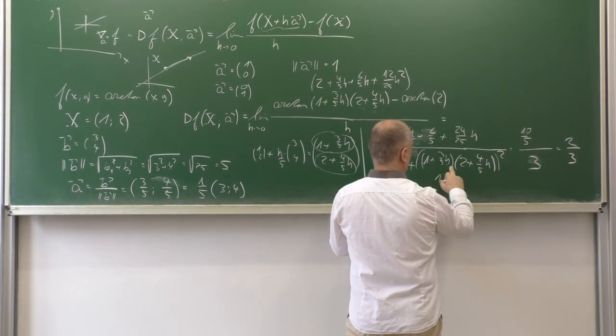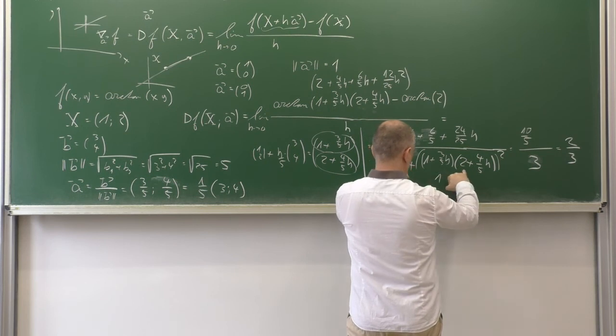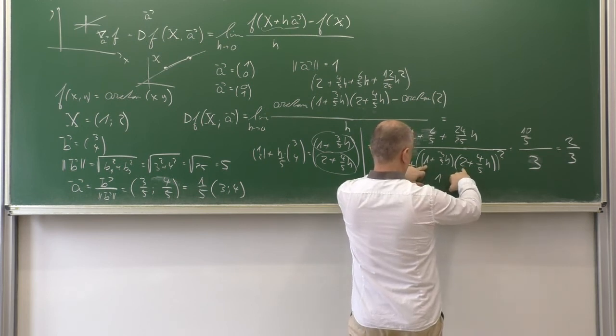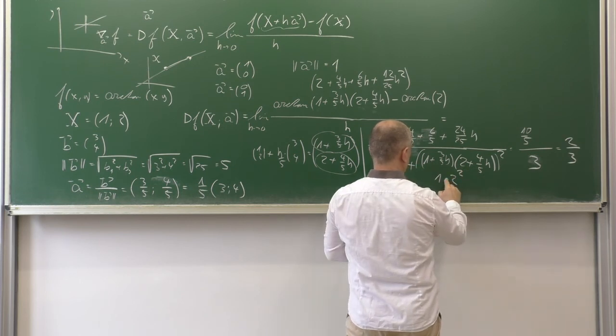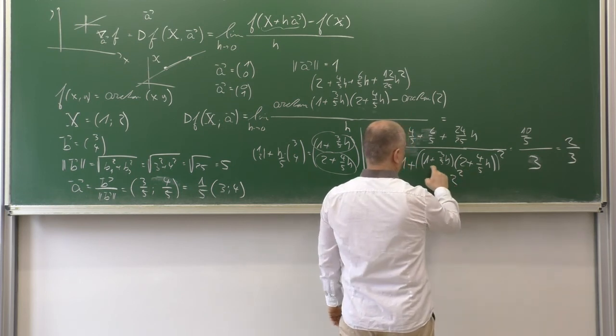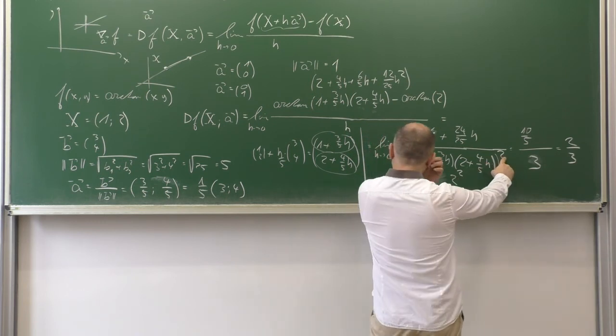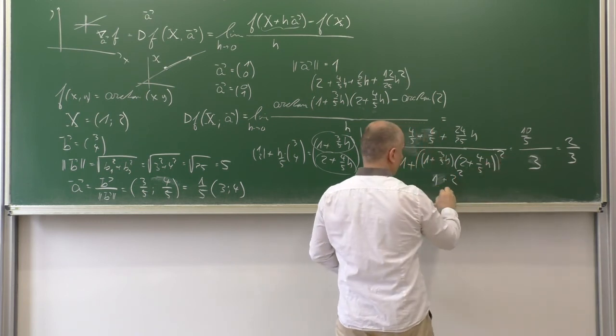So we have 1 times 2 is indeed 2, but we must take the square, which is 4, plus 1 is 5.